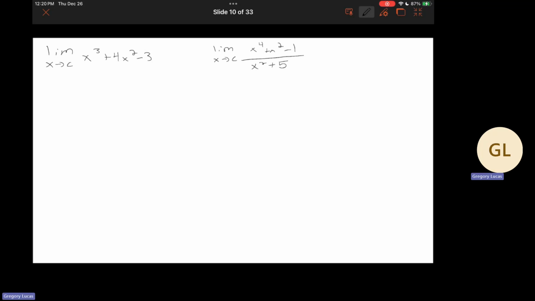And then we'll do one more. Let's do the limit as x goes to negative 2 of the square root of 4x squared plus 3. All right, so take a minute, pause the video, and give those a try, and then we'll take a look.